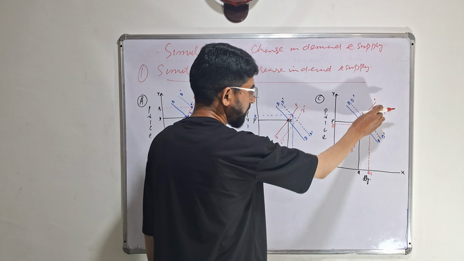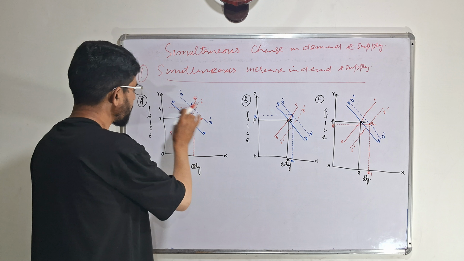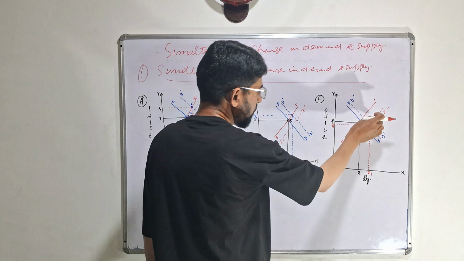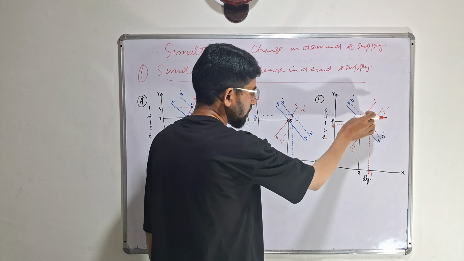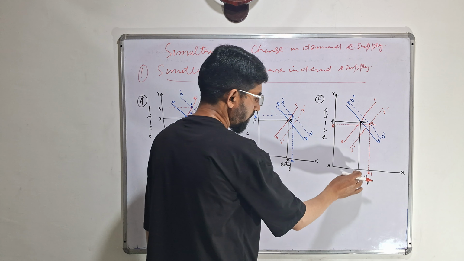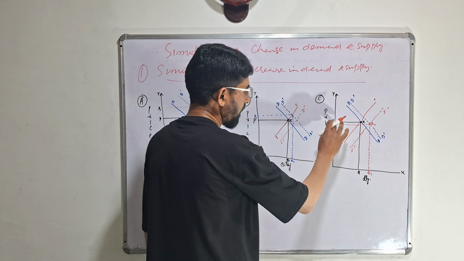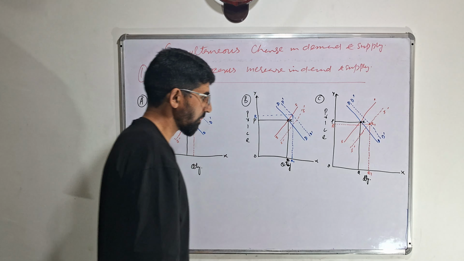Due to the pressure of supply, price falls. In the first case, due to the pressure of demand, price rises. But here, due to the pressure of supply, price falls. Equilibrium quantity changes from Q to Q1 and price changes from P to P1.